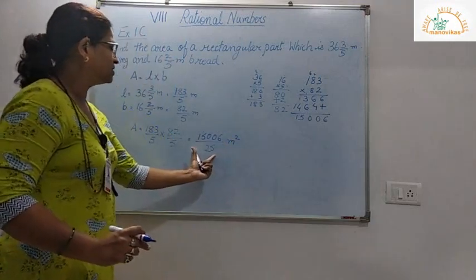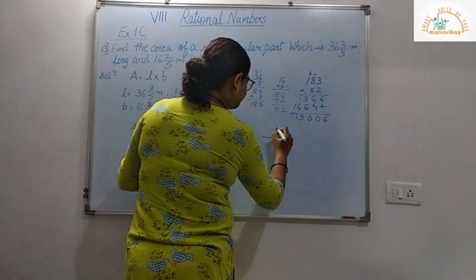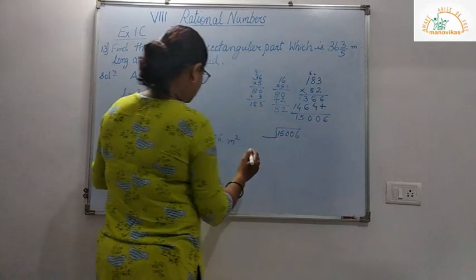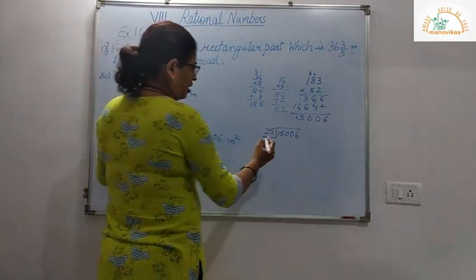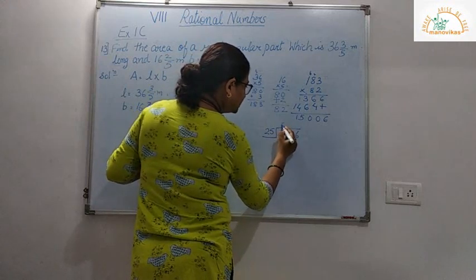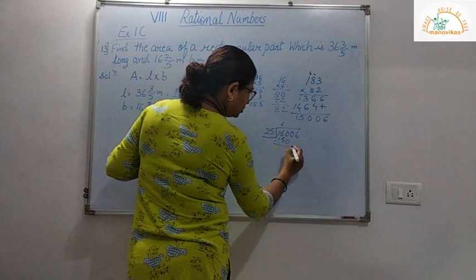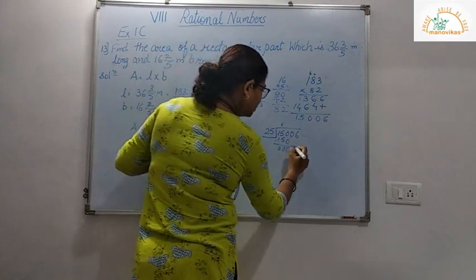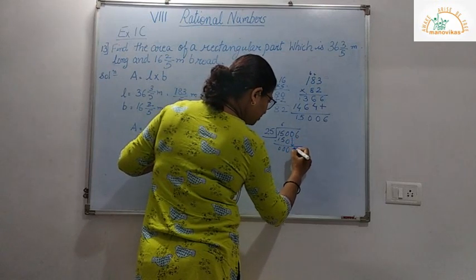Now let us express this in a mixed fraction. So I divide it here. 15,006 divided by 25. Now 25 6s are 150. So I get here remainder 0. Now I get the next number down, that is 0.